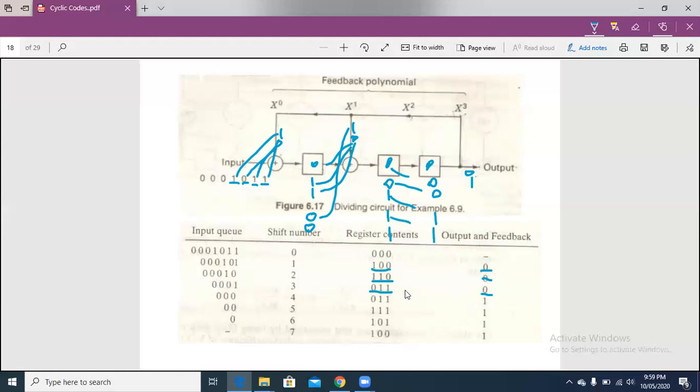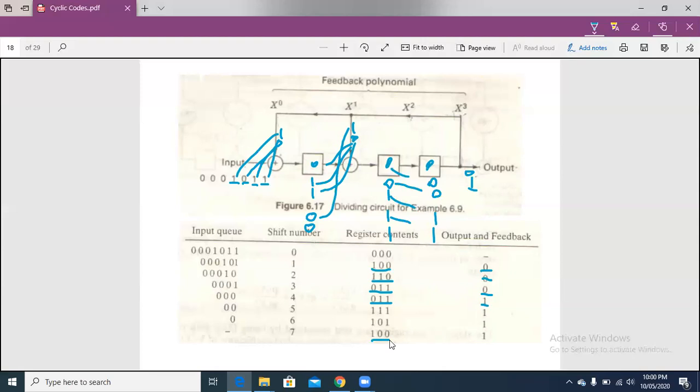So again, the contents of the register are 011. So we fed one at this output. We keep moving on, and at the 7th shift we will get 100 as the contents of the register.